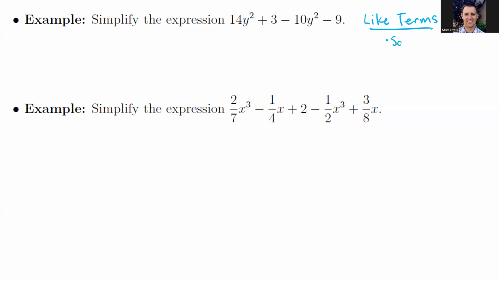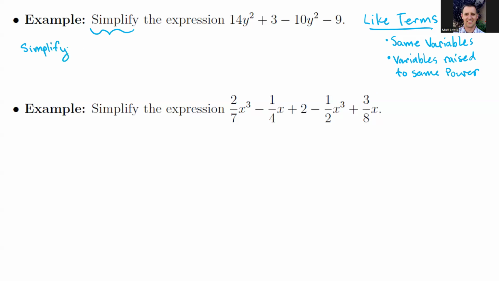We need them to have the same variables, and those variables raised to the same power. All right. And so when we talk about simplifying in the context of polynomials, simplify means that we are going to combine like terms.